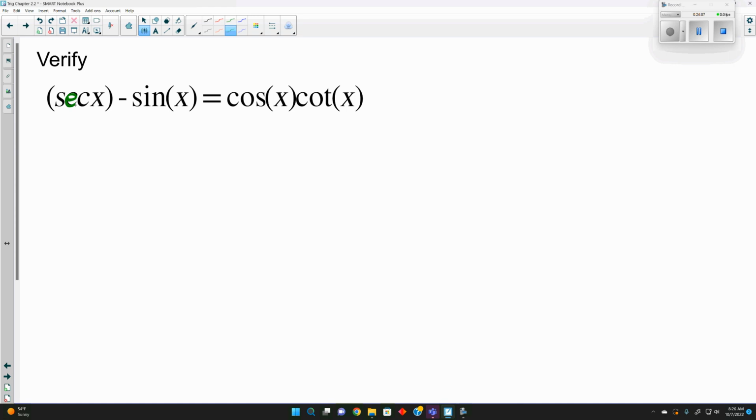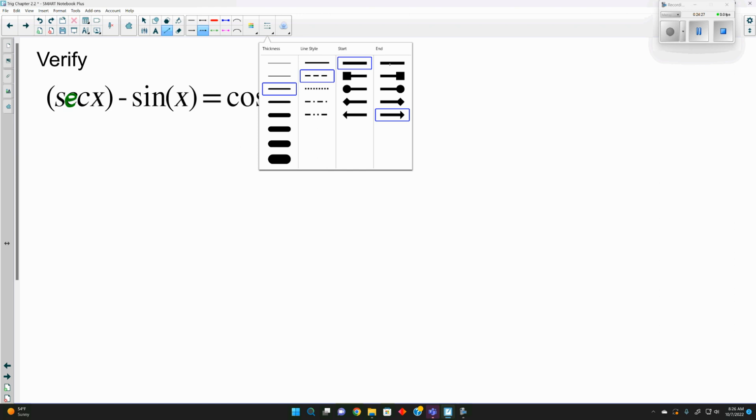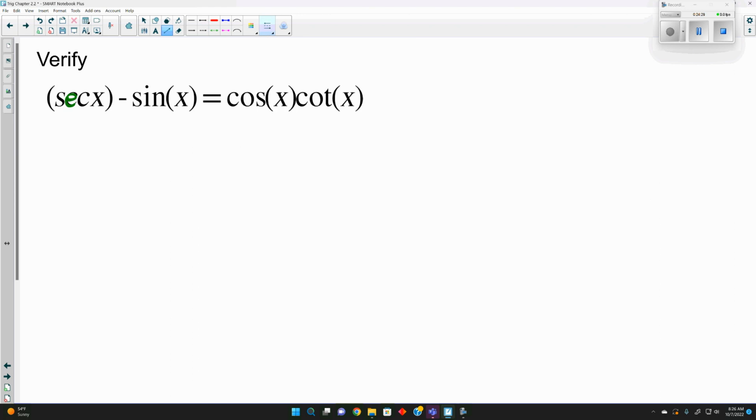Now, which side do we want to start with first? We could think of this as a brick wall and do both. You don't have to draw the dotted line. We kind of work with both sides and see where we get.